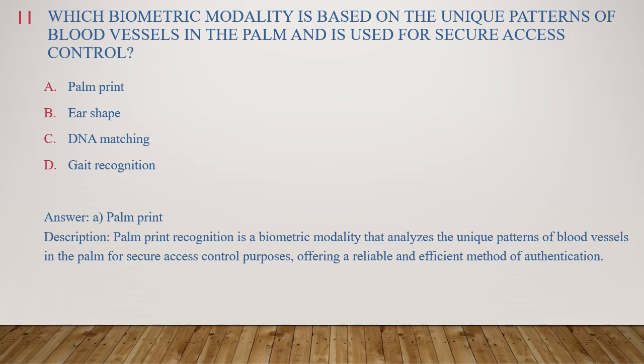Ear shape recognition uses the distinctive features of the ear, DNA matching compares genetic material, and gait recognition analyzes an individual's walking pattern for identification. Each of these modalities has its own strengths and applications in the field of biometrics.